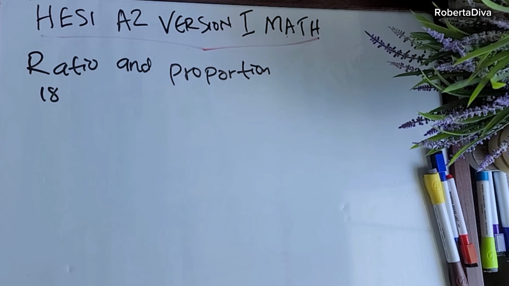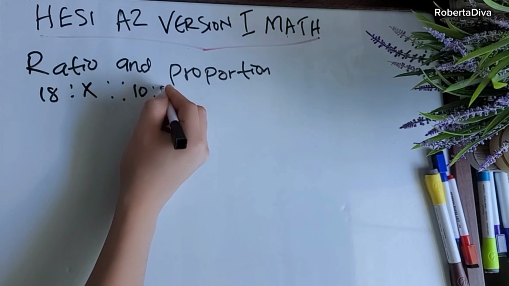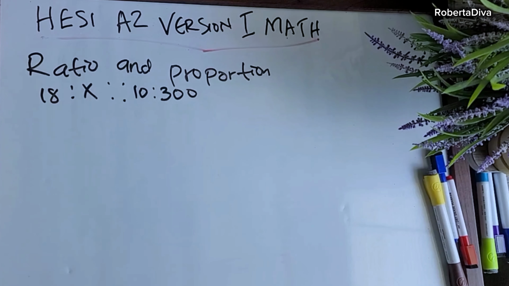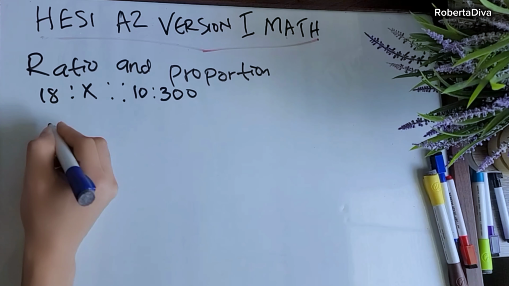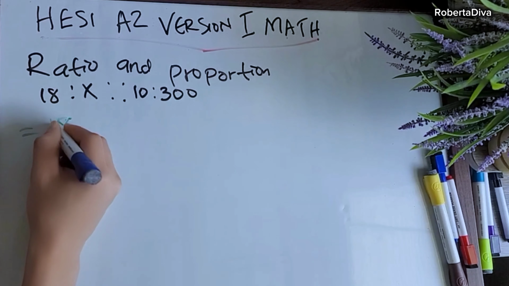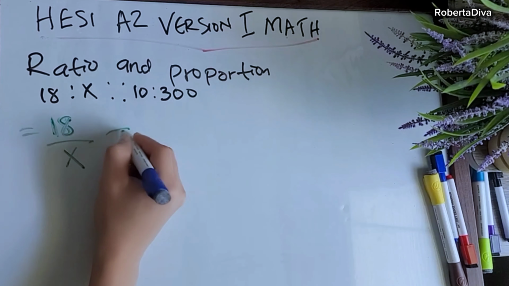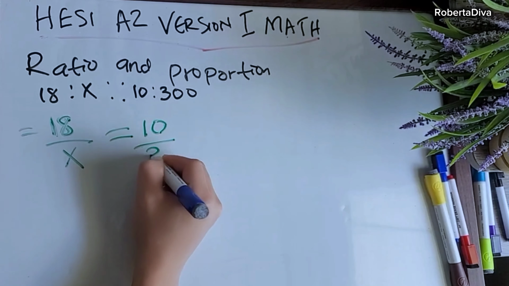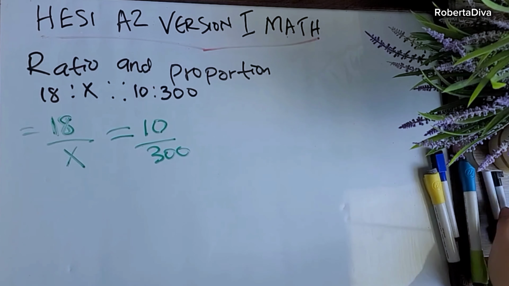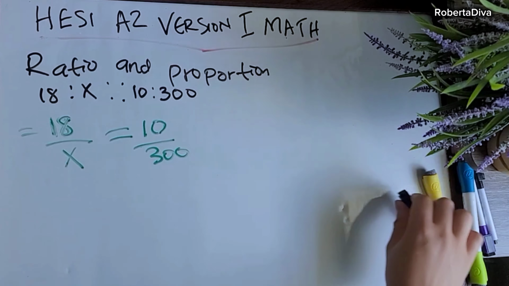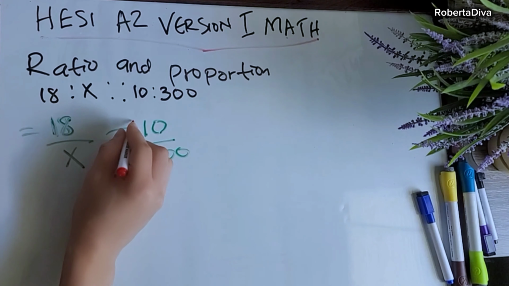When you see a question like this in the exam, step one is to set it up first. So this means 18 over x equal to 10 over 300. Then the next step is to cross multiply.